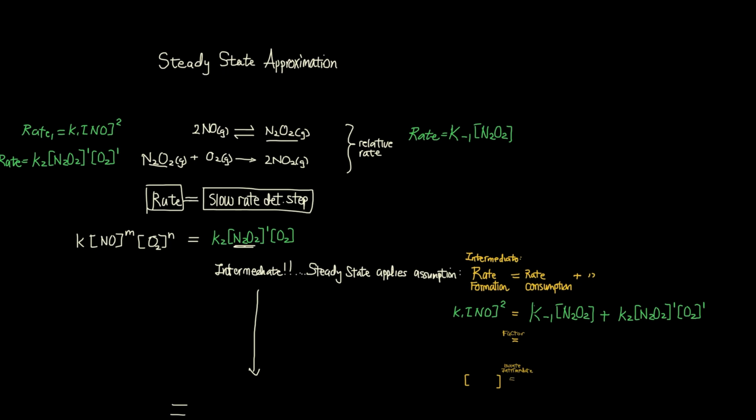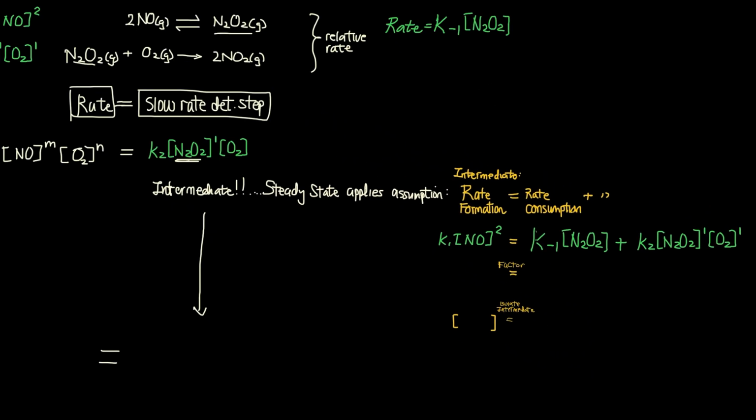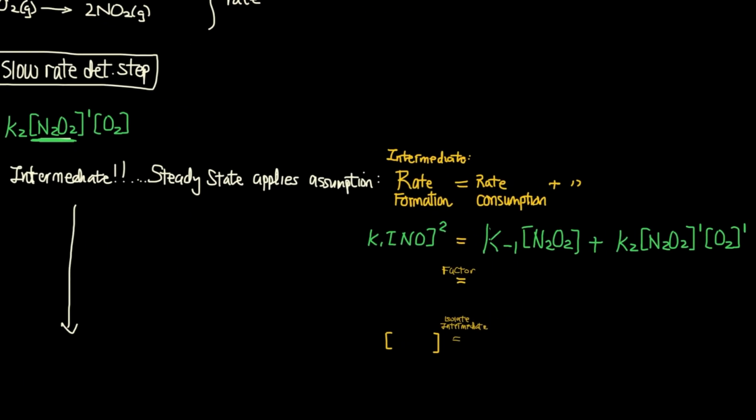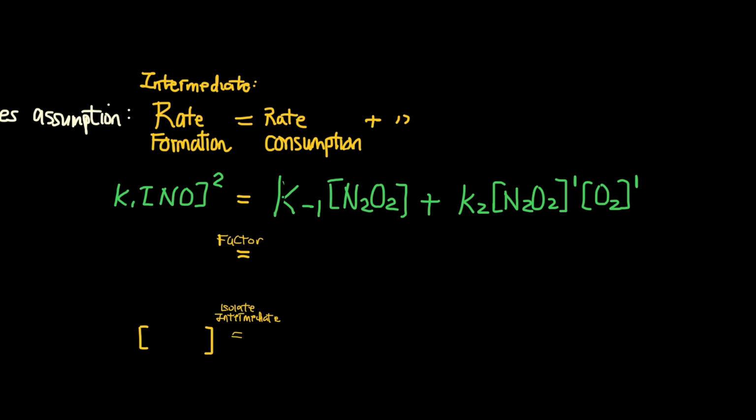Perfect. So the problem with this is, we want to find something to substitute this intermediate. So we have to isolate for the intermediates in here. What we're going to do is, first we're going to factor out these intermediates.